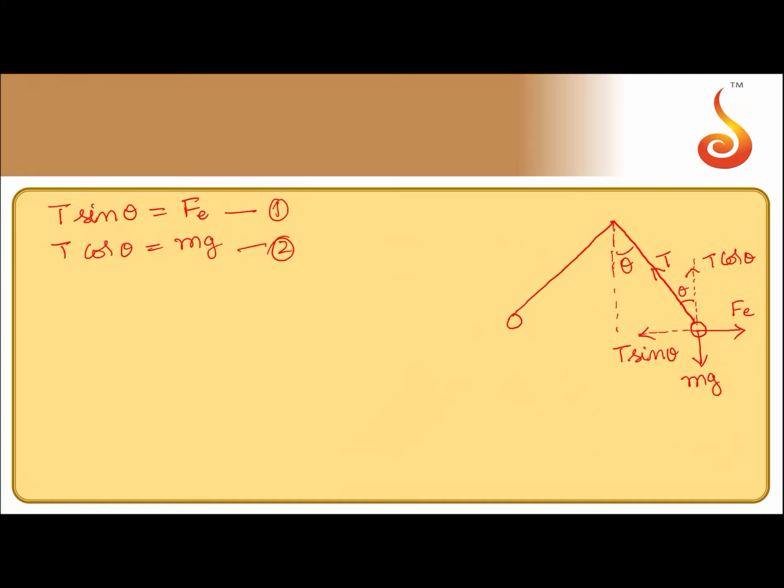Now, from equation 2, we can write T is equal to mg by cos theta.